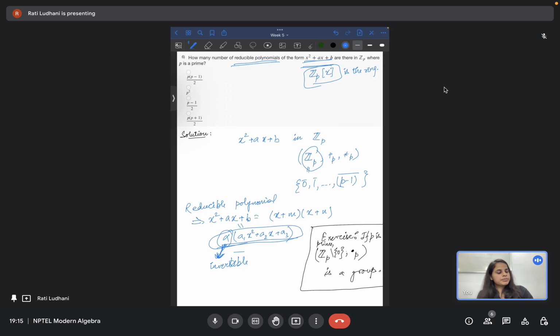A reducible polynomial implies this equation should be true. So you can write it as the product of linear factors, not quadratic, linear factors. You definitely cannot go to cubic, because the polynomial itself is quadratic. So that was the first point.